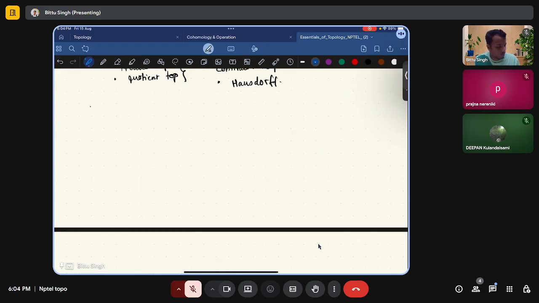What is a Hausdorff space? A space is said to be Hausdorff if you can separate any 2 points.